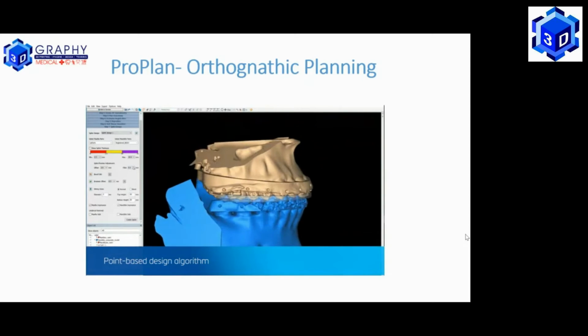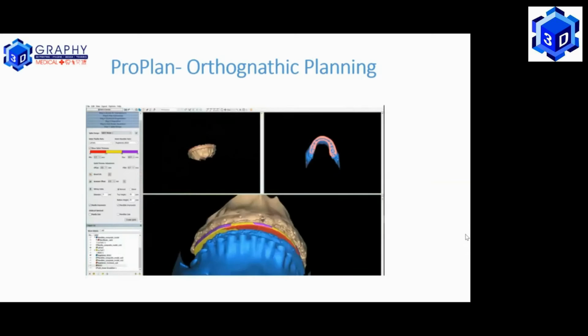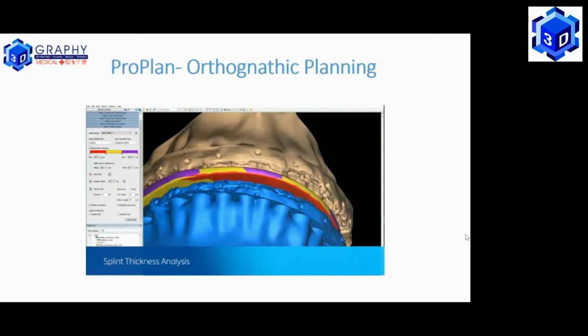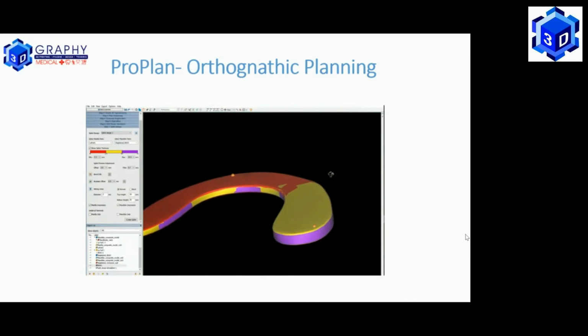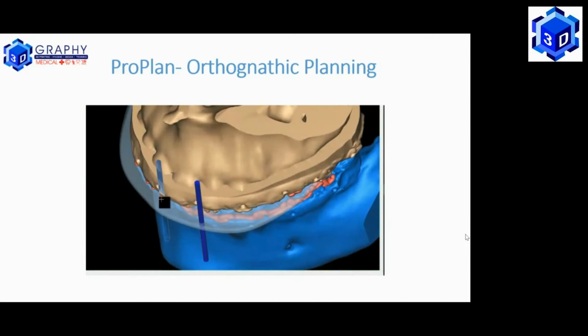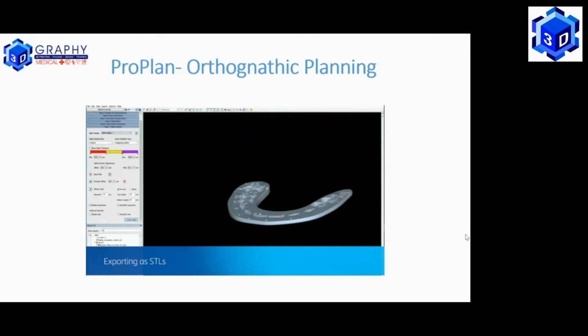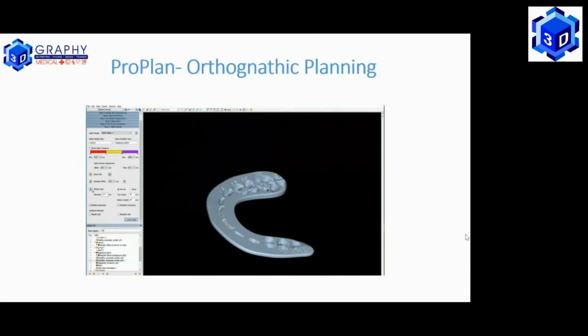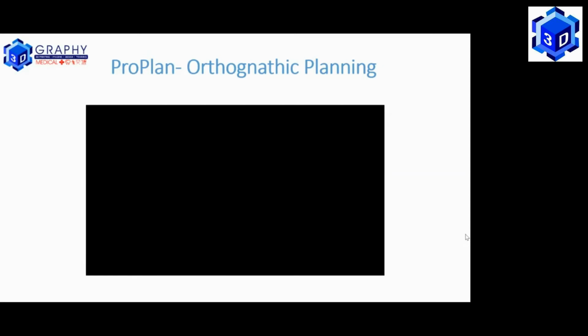Now, splint design can also be achievable in our software. You just need to have some landmarks which can be annotated on the screen, and then you can, in fact, increase or decrease the thickness also of the splint. And finally, you can export the splint as an STL directly for printing.